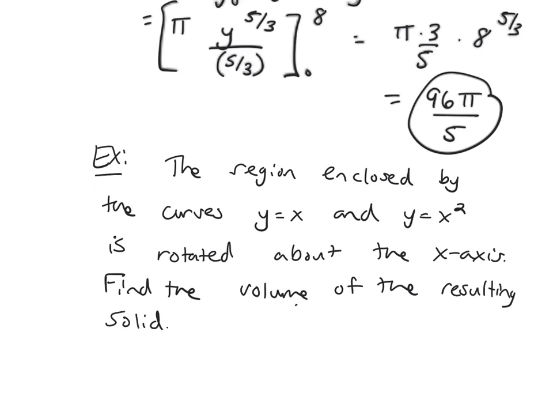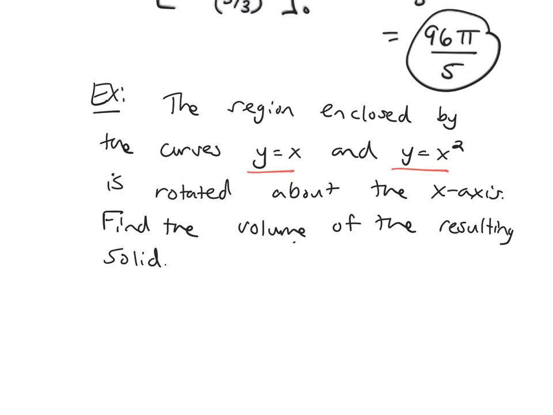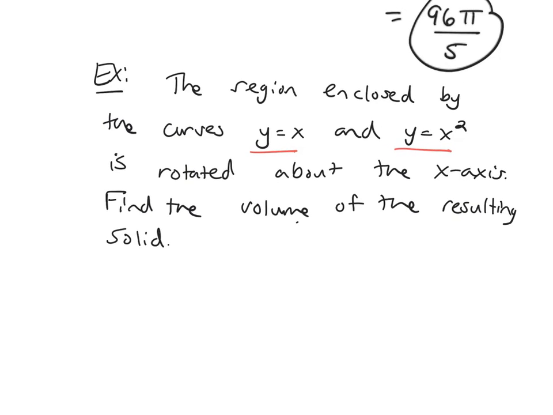So look at the functions that we're talking about here: y equals x, y equals x squared. You want to find their intersection points. I think we already did that when we did area between curves. You find the intersection points and draw your region. They intersect at x equals 0 and x equals 1.